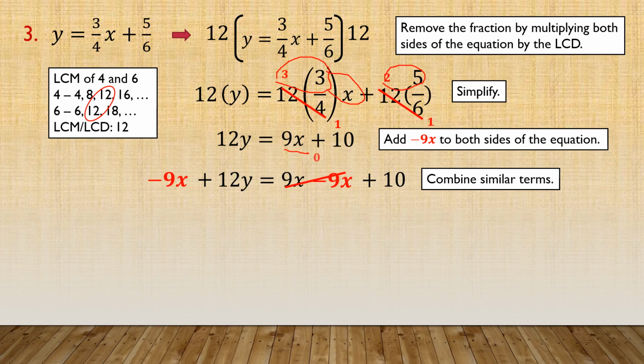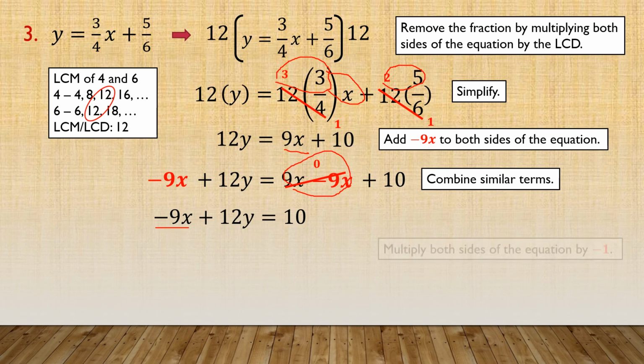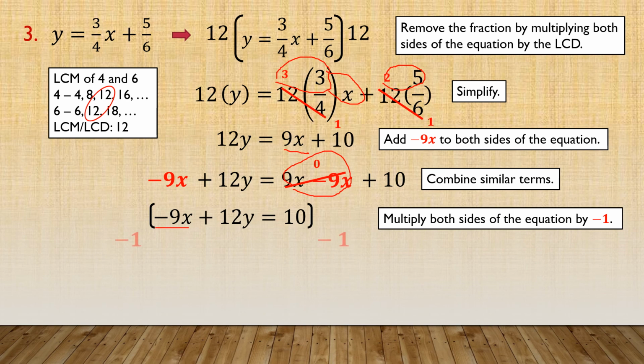Okay, and then we will combine similar terms. Magiging 0 na yan. Nagawa na natin yung objective natin. So, we have now 9x plus 12y equals 10. Again, nag-negative na naman yung harapan, yung negative 9x natin. Anong gagawin?